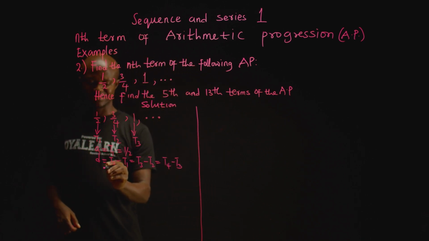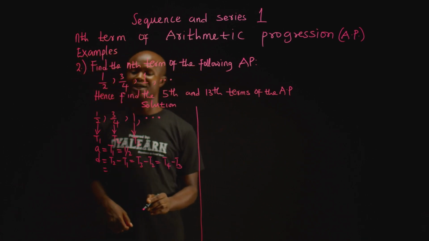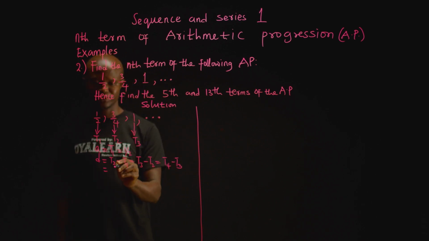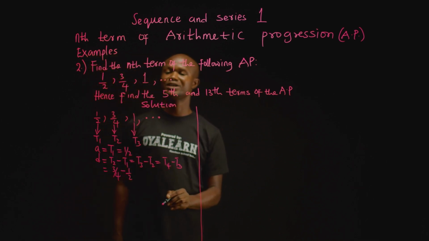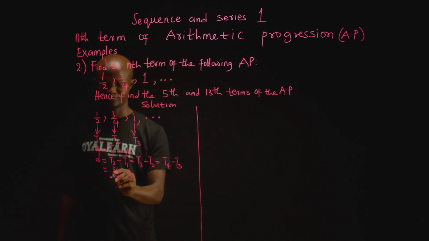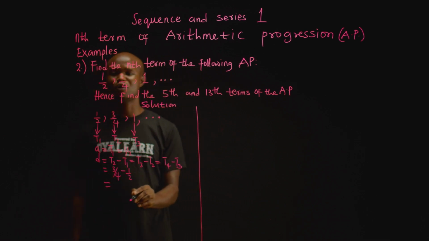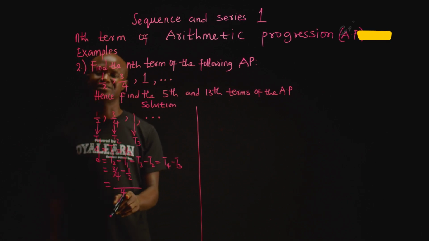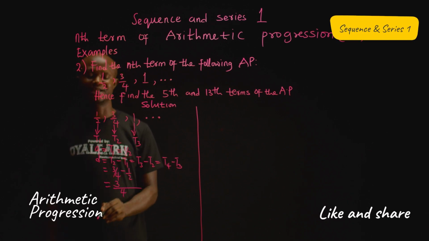So in this case, using T2 minus T1, what is T2? 3/4. Then minus T1, half. We now consider what we call the LCM. The LCM of 4 and 2 is equal to 4. That's of the denominator. 4 divided by 4, we have 1. 1 times 3, we have 3.